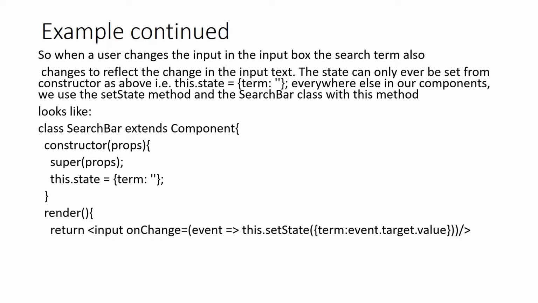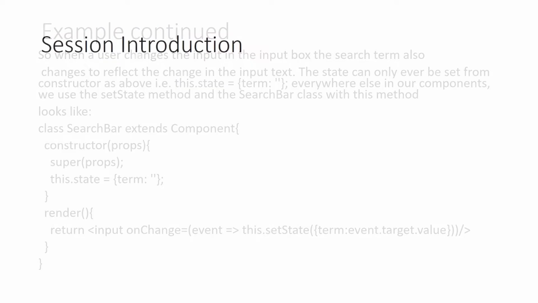It uses a fat arrow notation which sets the state, and anytime the state is changed, it re-renders the entire component with all its child components as well. Once this rendering is finished, the state is set with the new value of the DOM element, in this case the input box.